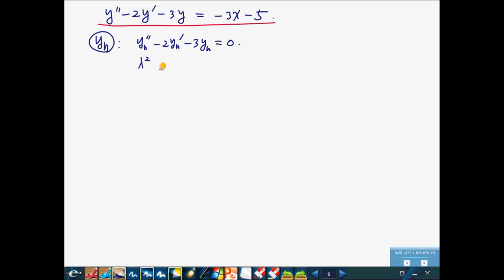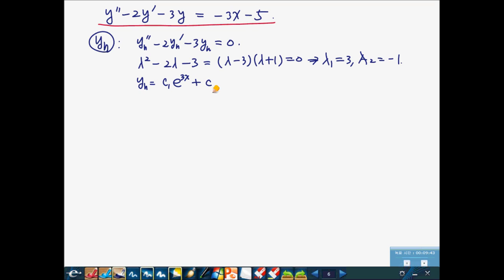And lambda squared minus 2 lambda minus 3 is (lambda minus 3)(lambda plus 1) equals 0, so lambda 1 is 3, and lambda 2 is minus 1. Correct? You have no problem with this, right? So our y_h is C1 e to the 3x plus C2 e to the minus x.